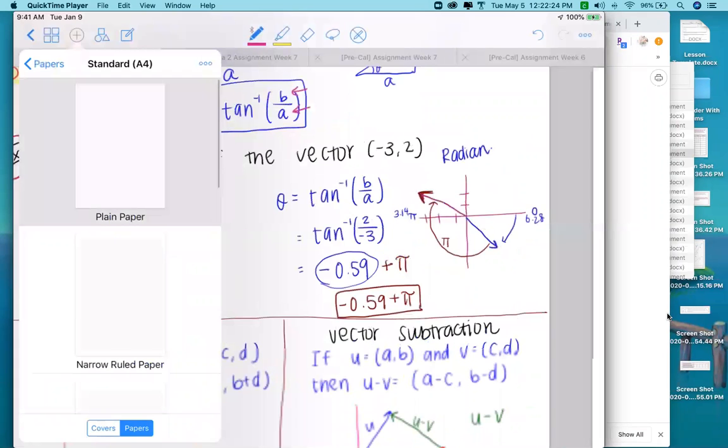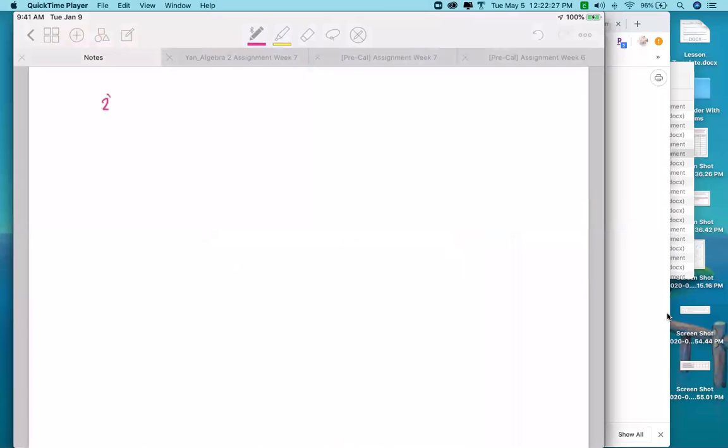For number 2, you have to find the magnitude of -5 comma -2, and number 4, you're finding the direction. So write this question down.